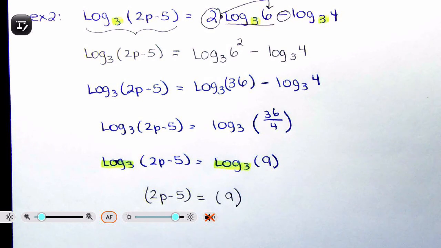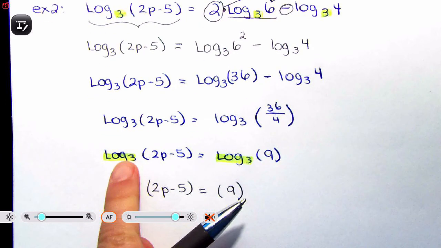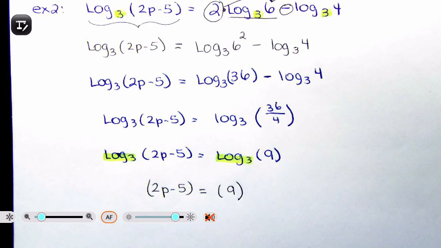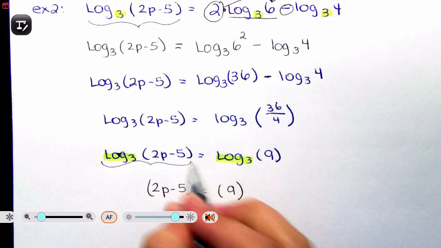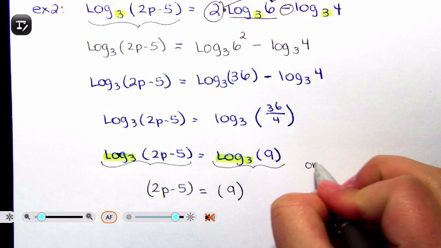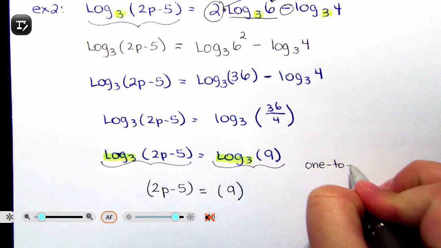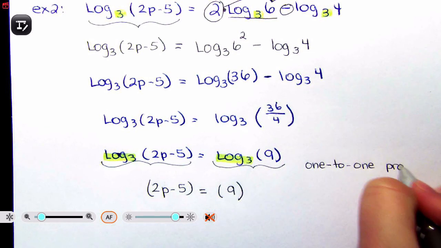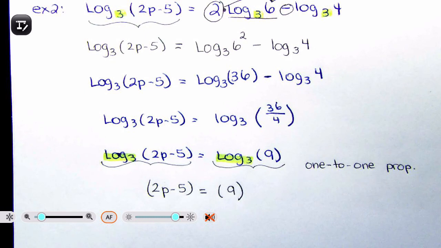Again, you cannot ungroup them. It's like they're super glued so close together right here. This is one thing. This is an exponent. I can't undo that exponent. It's like having an exponent of 41 and then splitting up 4 and 1. You can't do that. You can use the one-to-one rule, or in this case, one-to-one property. Same thing.